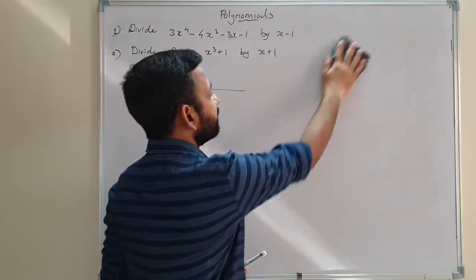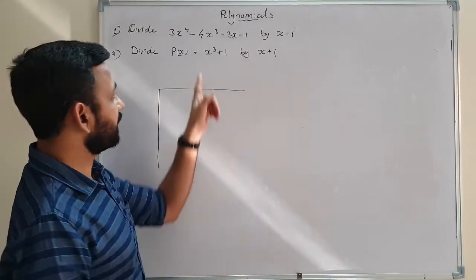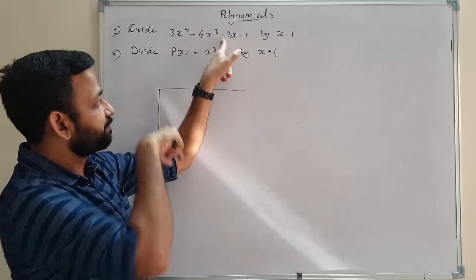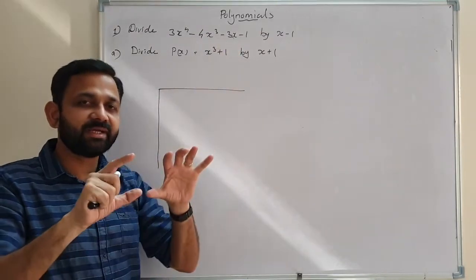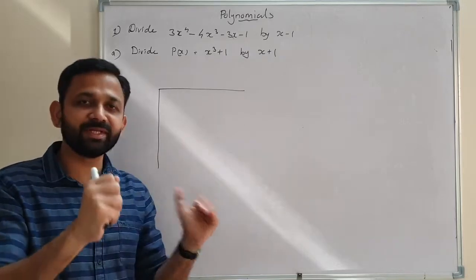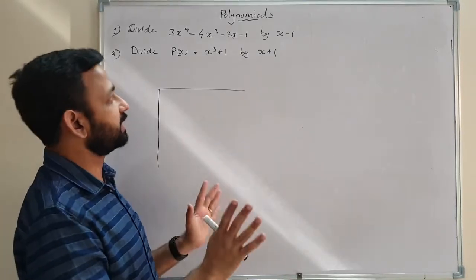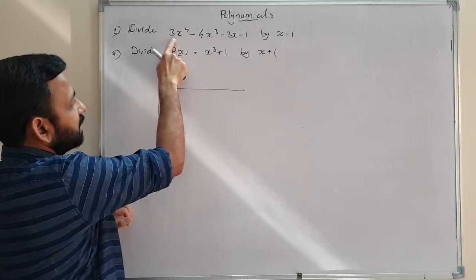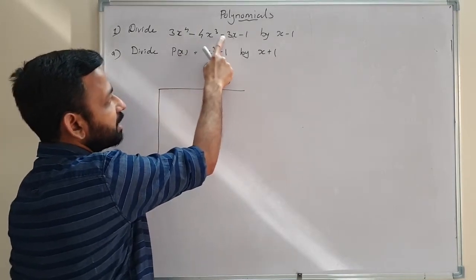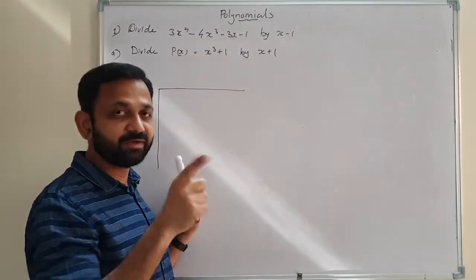And when we divide, if any term is missing in between in the dividend, then if you add a 0 there, it will be more convenient for us. It is not compulsory. Here the x raised to 4 term is there, the x cube term is there, but the x square term is not there in the dividend.